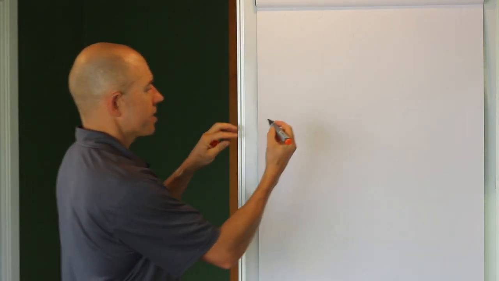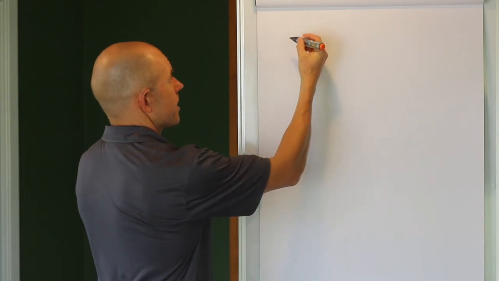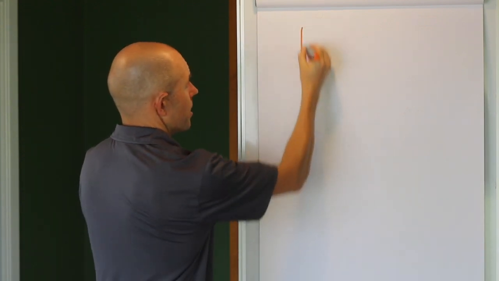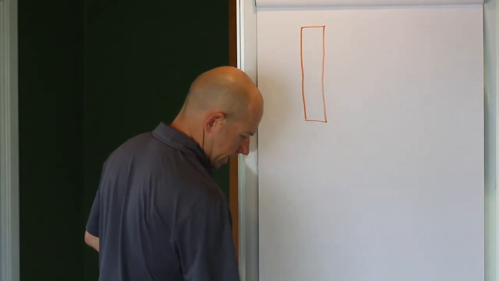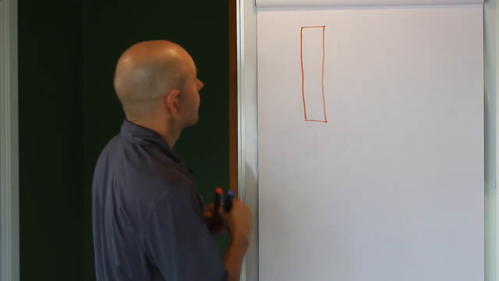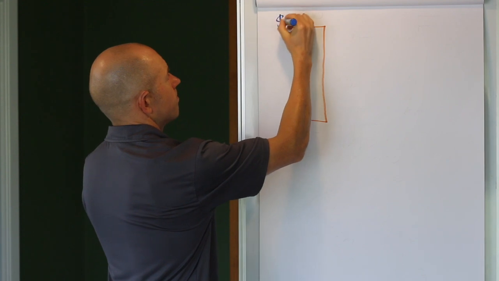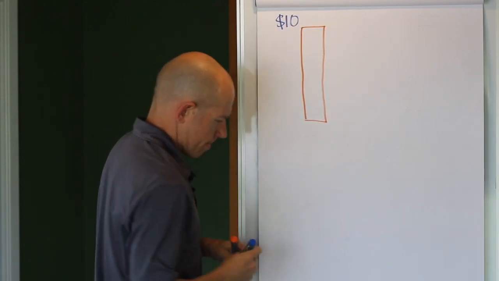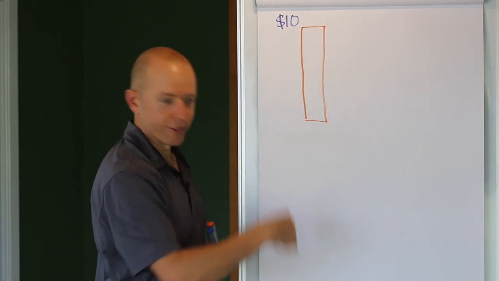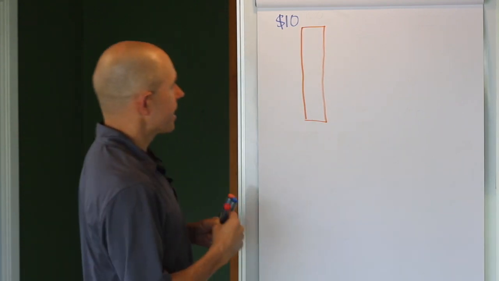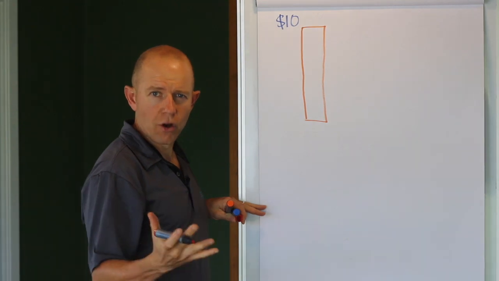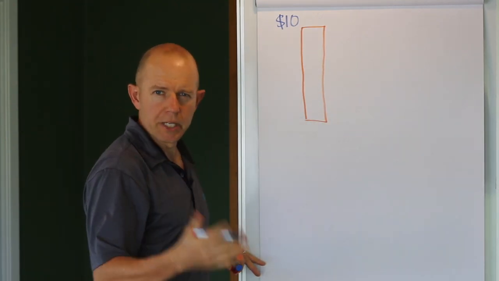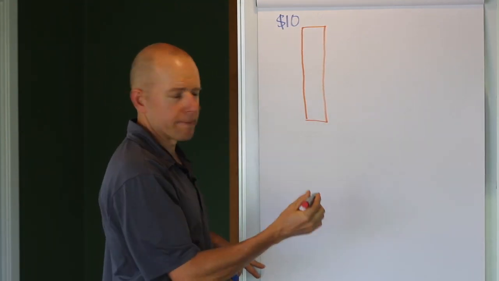So let's say that this represents a sale, and let's say that you sell something for $10. Now, let's say in this example that $6 of that is cost, meaning the materials and the labor that go into making that sale.